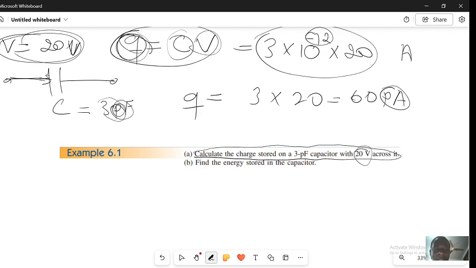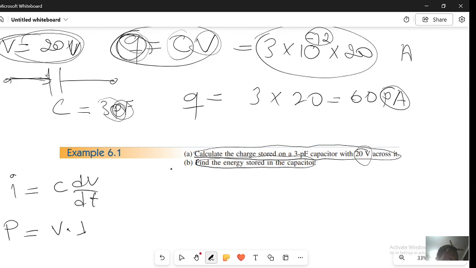Now I have already found the charge Q. Now let's find the stored energy. I have that i equals C dV by dt, and I know that power equals the voltage multiplied by the current, as we saw in the previous video.